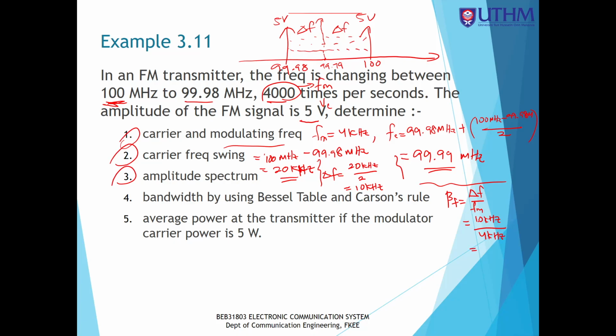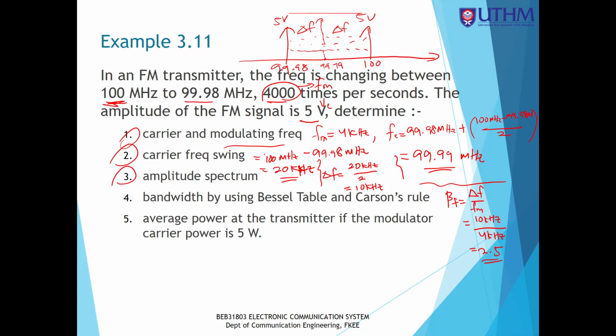Okay, so you're gonna get 2.5. According to the Bessel table, you're gonna get up to 5 pairs of sideband, or the number of significant sidebands is equal to 5.